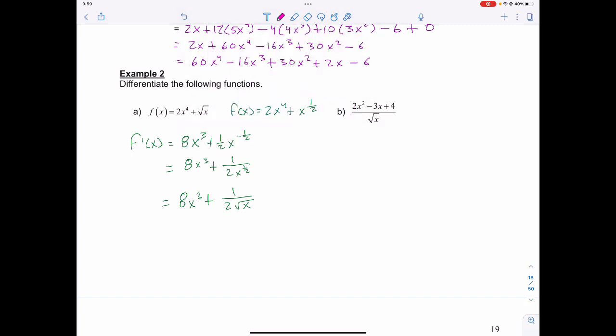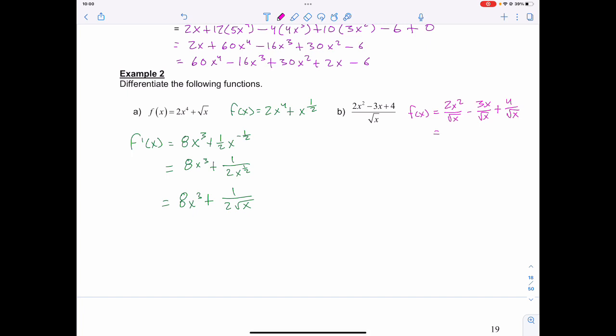When I take a look at b, if I'm given 2x squared minus 3x plus 4 over the square root of x, then that means that f of x is equal to, because these are all being divided by the square root of x, 2x squared over the square root of x minus 3x over the square root of x plus 4 over the square root of x.